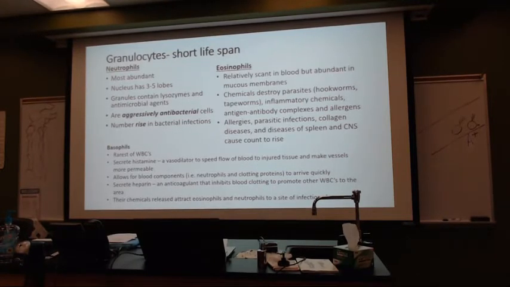Collagen, because it's right next to the skin. Diseases of the spleen, because the spleen is reticular fibers. And when something infects the central nervous system, eosinophils tend to rise in number also.